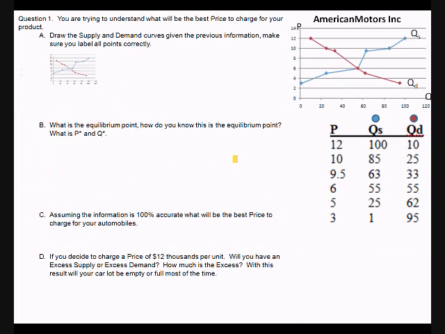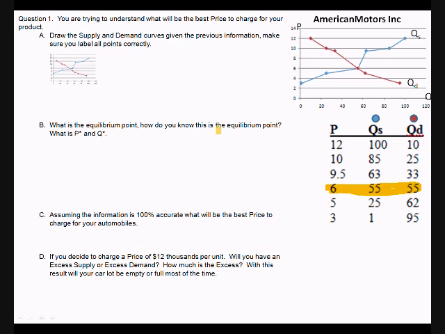We can see where it intersects on the table. It intersects right here. Basically we can look at this as where the consumer and the business are both happy, not supplying too much, not supplying too little, everyone's happy.